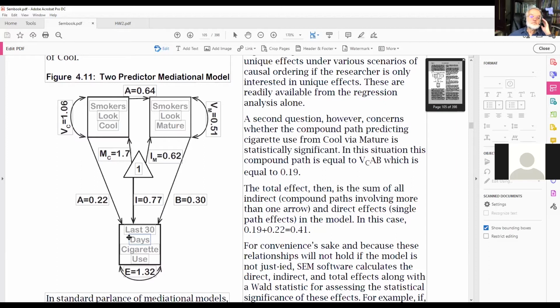So can we just go from here, 0.22 times 0.64 times 0.62? Can we do that without going to variance? Okay, so are you wanting to do a covariance trip or a variance trip?